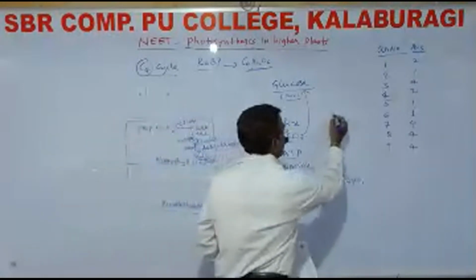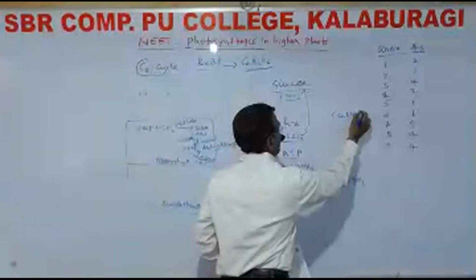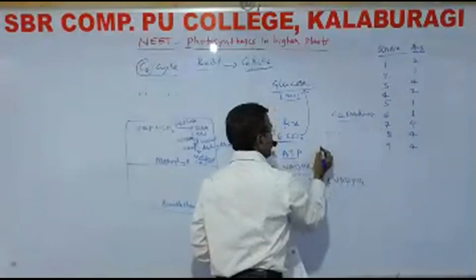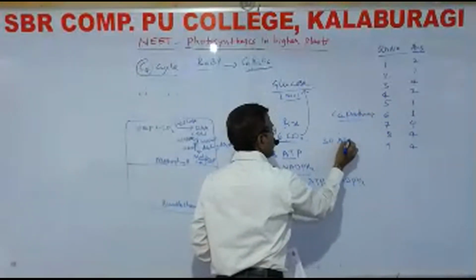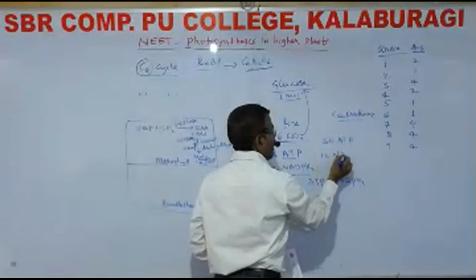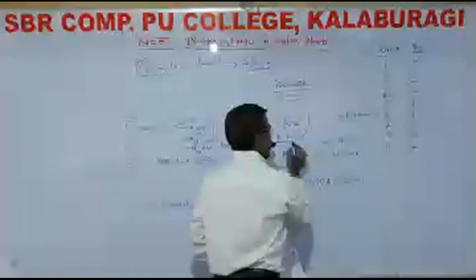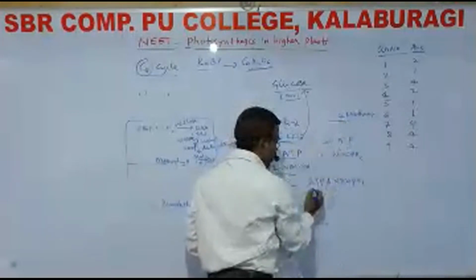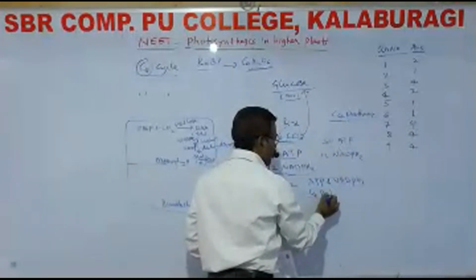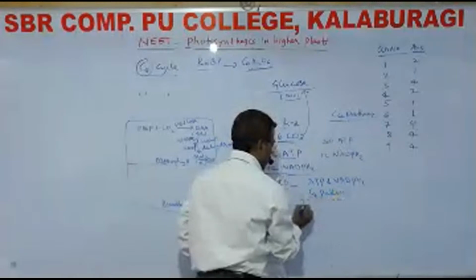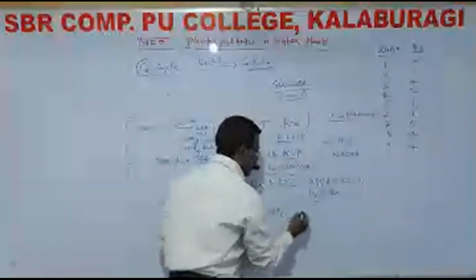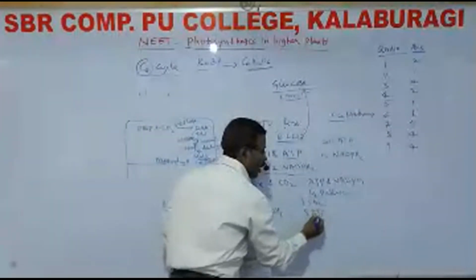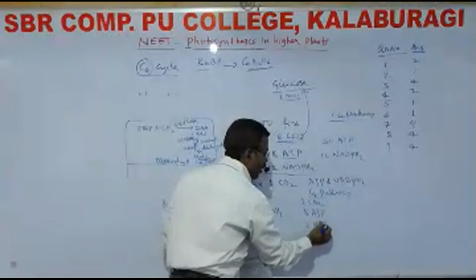Suppose if it is the C4 pathway, then the number is different. You know that 30 ATP and 12 NADPH2 for fixing 6 molecules of carbon dioxide by the C4 pathway. So in the C4 pathway, to fix one carbon dioxide, they use 5 ATP and 2 NADPH.